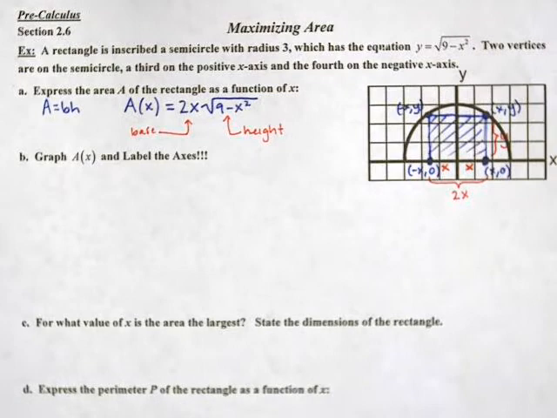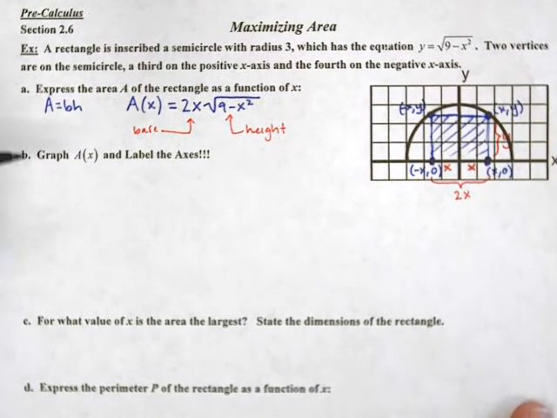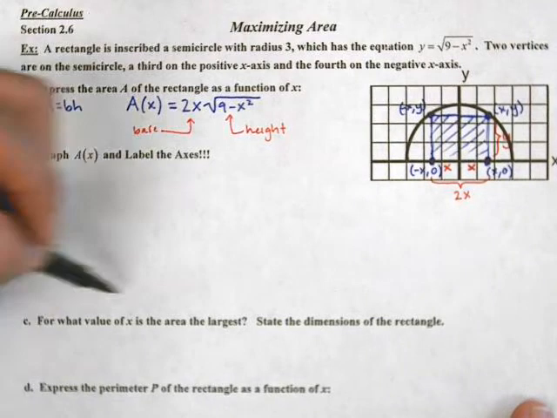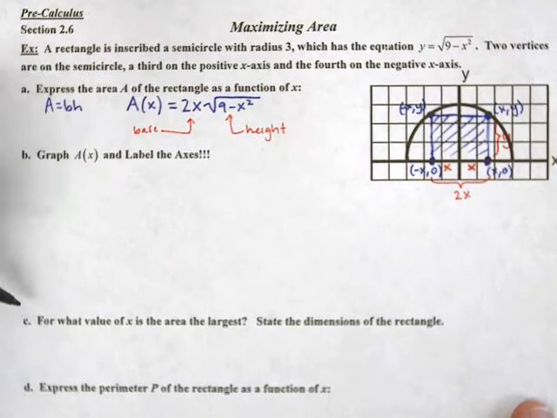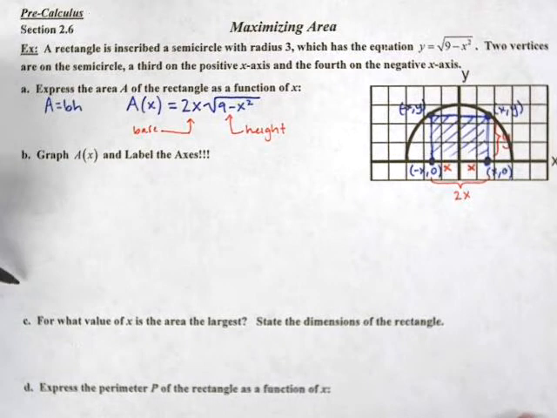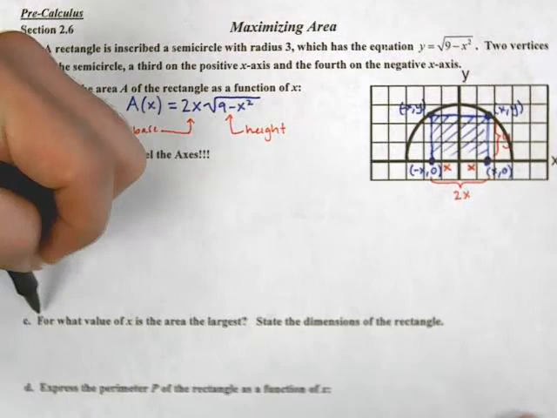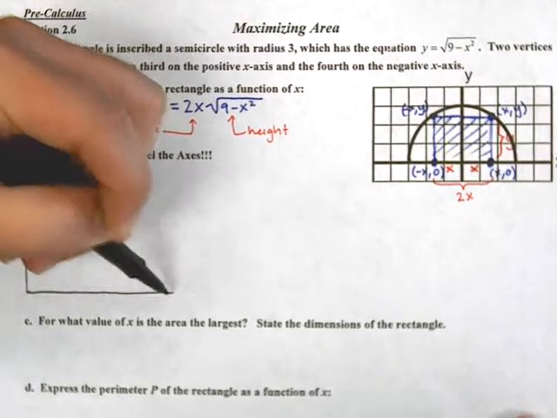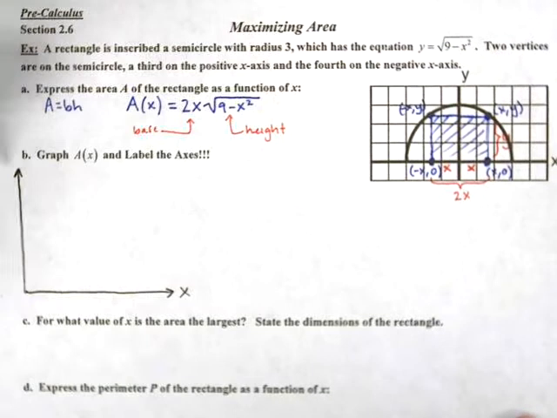And I'm going to draw my graph. Now again, think through this. I can't have negative values for the base. I can't have negative values for the area. So I only want quadrant 1. This is x. This is A of x.